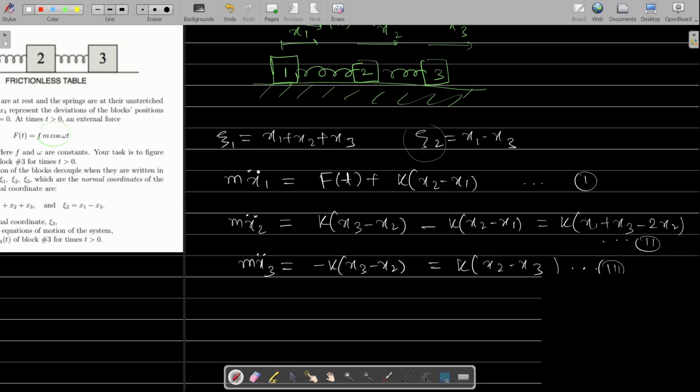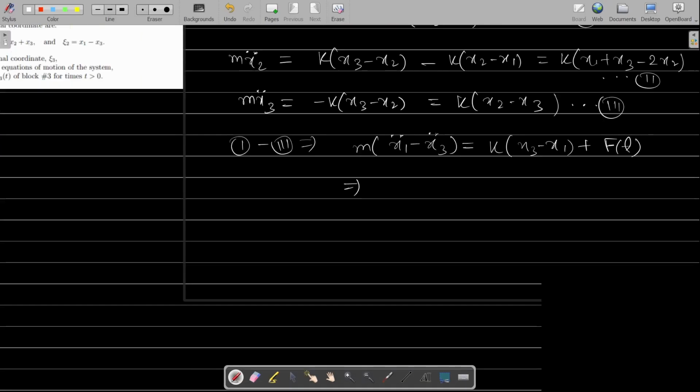To see why this is a normal coordinate, all we have to do is subtract equation 3, divided by m, from equation 1. If we do that, we have x1 double dot minus x3 double dot, which comes out to be k(x3 minus x1) plus F(t).